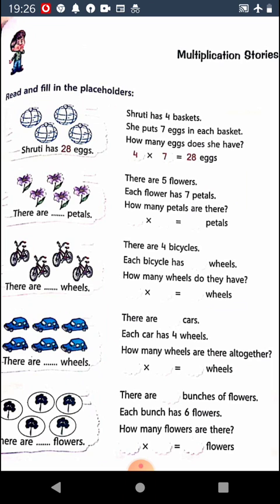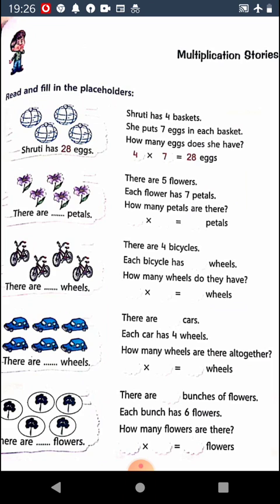Since the number of wheels for one car is given and we have to find the number of wheels for 6 cars, instead of adding 4 plus 4 plus 4 plus 4 plus 4 plus 4, we simply multiply 4 by 6. So this is a word problem based on multiplication.